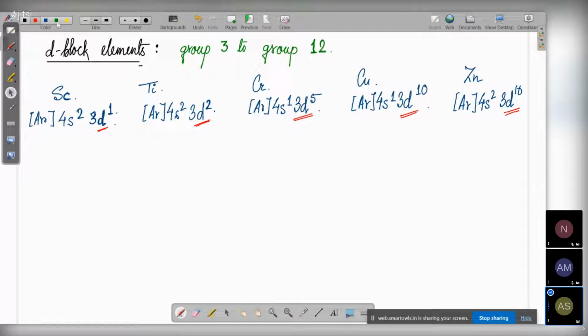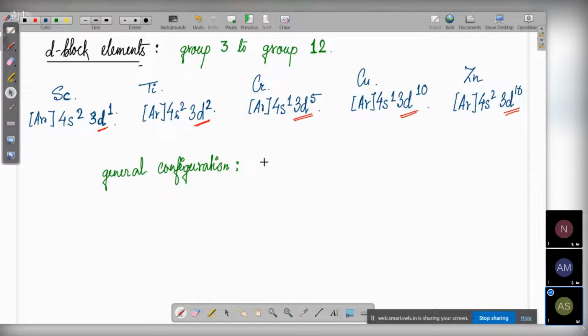So what is the general configuration of this type of element? In all the cases you have electrons in the 4s orbital, either 4s1 or 4s2.